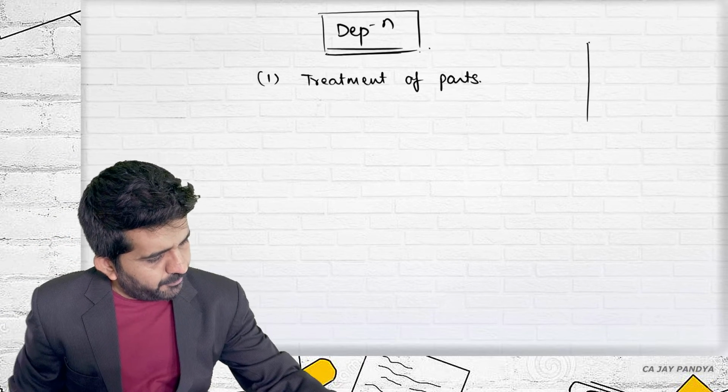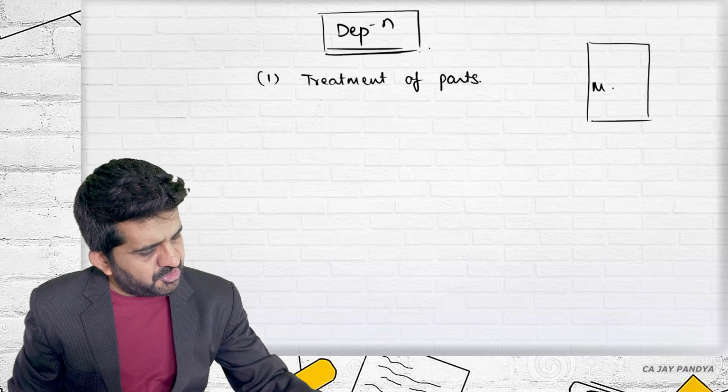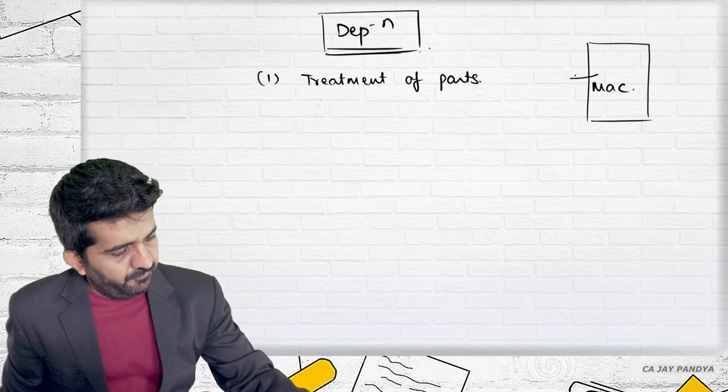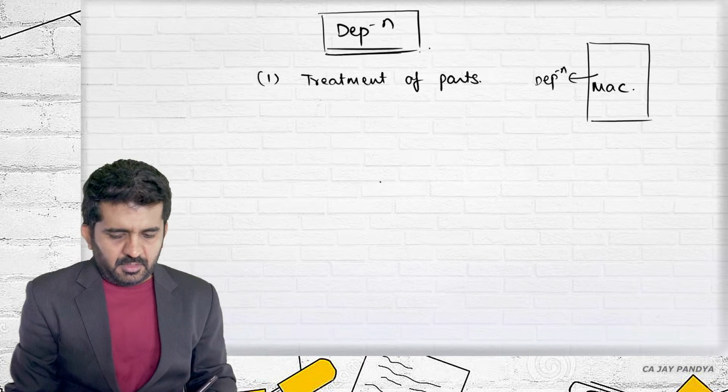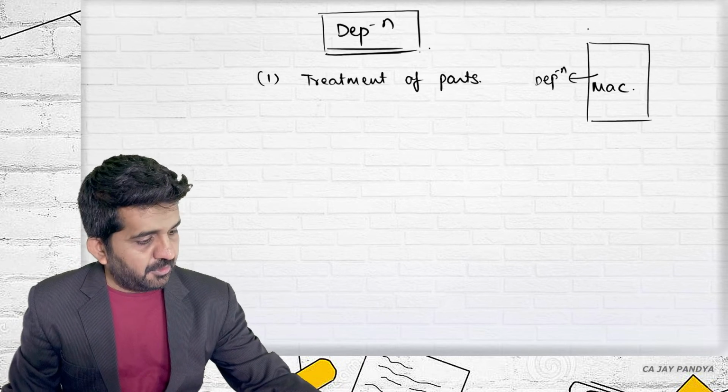You have purchased machinery which you are already depreciating, and you purchase another part.